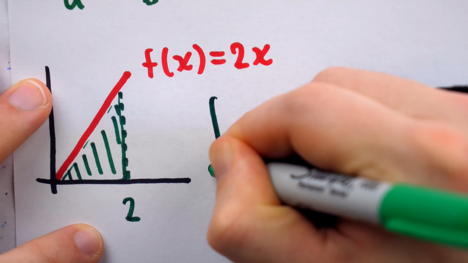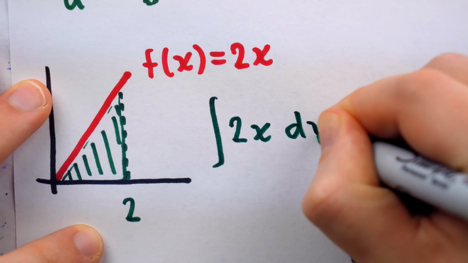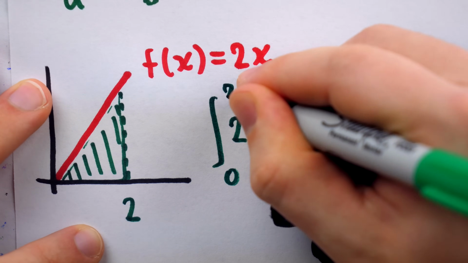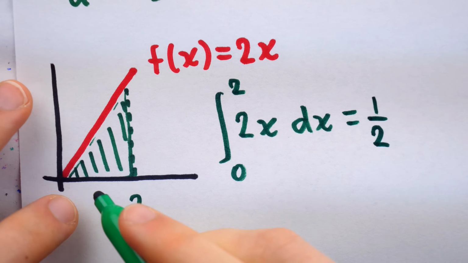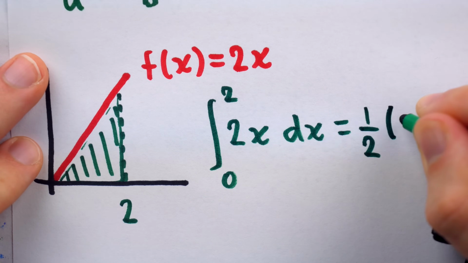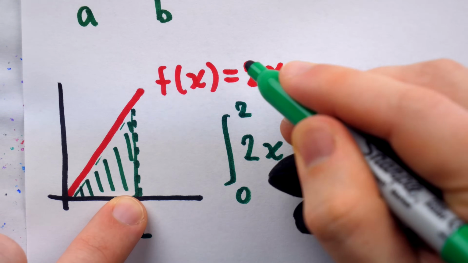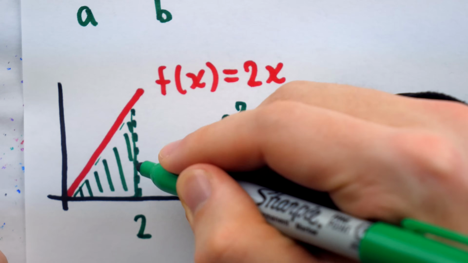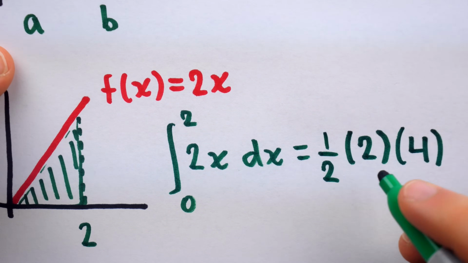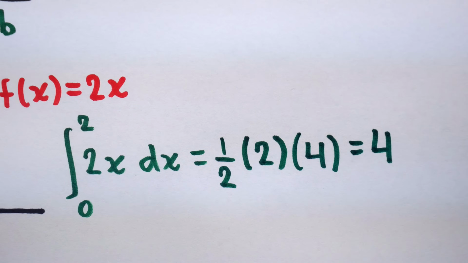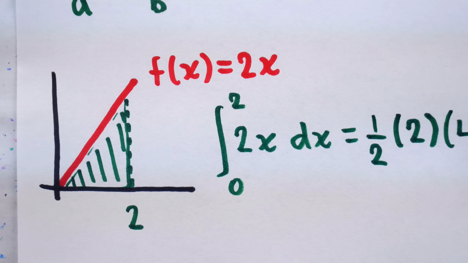So in this example, we could say that the integral of f of x, which is 2x, as x goes from 0 to 2, this integral, which is the area of the right-angled triangle, is 1/2 times base, the base is 2, multiplied by the height. The height of the triangle is the distance from here to here. Since the function is 2x, the y value here is 2 times 2, or 4, so the height is 4. Thus, the area we're looking for is equal to 4. In general, though, it is not so easy to use elementary geometry to evaluate integrals.